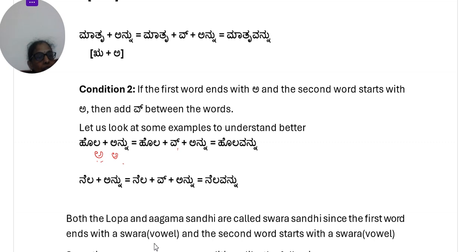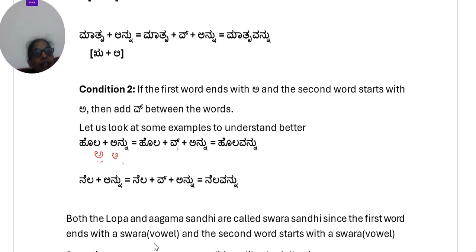Now once again I will just quickly recap what is Agama Sandhi. So if the first word ends with a swara and the second word starts with a swara, but the first word is losing its meaning or the result is meaningless, then we cannot apply Lopa Sandhi. Then we will either add a ya or a va in between.